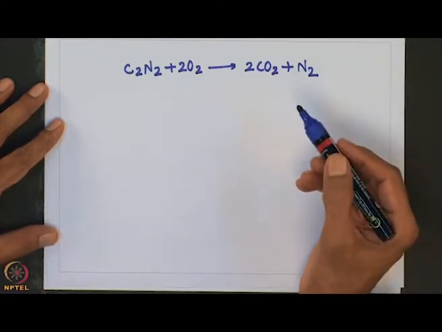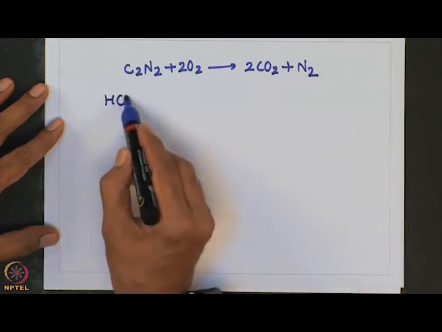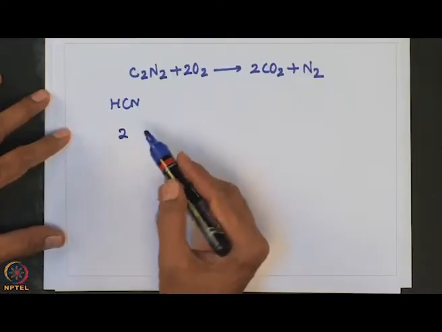Hydrogen cyanide is extremely toxic and flammable, a colorless volatile liquid, and essentially one can prepare it in large amounts by high temperature catalytic partial oxidation of methane and ammonia. I will show you the method of preparation of hydrogen cyanide.